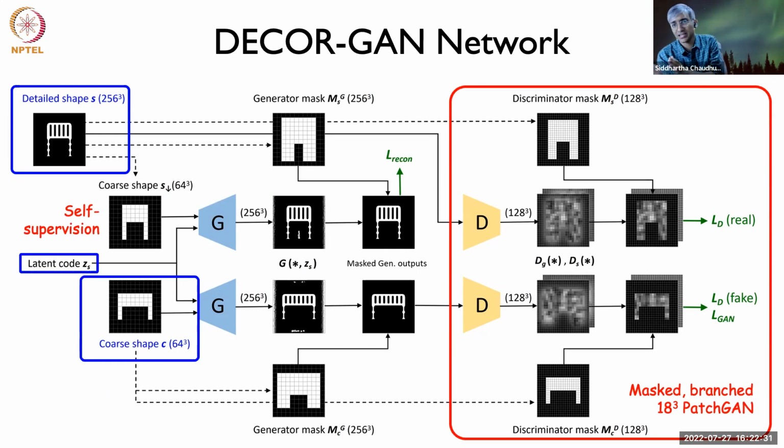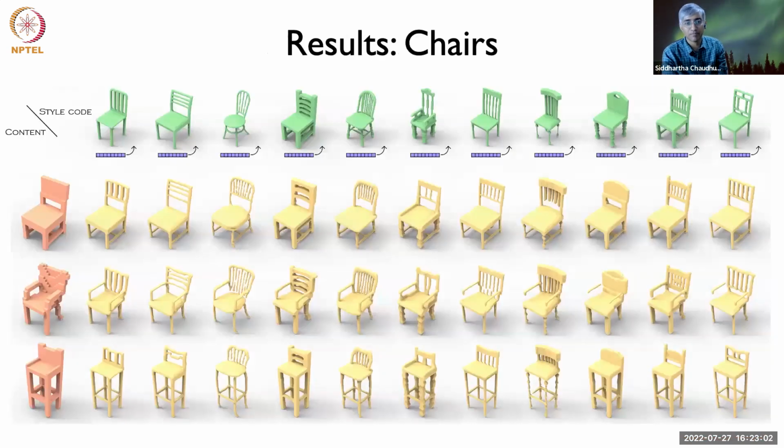So there are a variety of objectives that drive this training, but they all operate by and large at the patch level, to say, okay, this local region of my super resolved coarse shape looks like some patch from your detailed shape. And thereby you can transfer detail between two shapes that have completely different coarse structure, because if you just concentrate on one patch, you are likely to find another patch that looks very similar in your exemplar to start with.